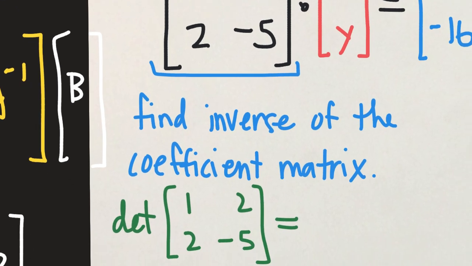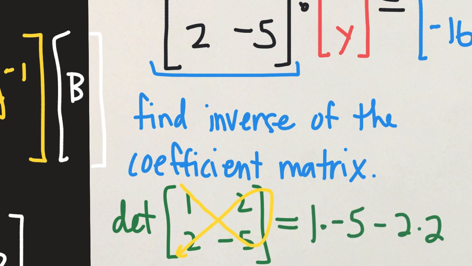And we do that by doing the diagonal product. So that's 1 times negative 5 minus 2 times 2. So the determinant here is negative 5 minus 4, which is negative 9.